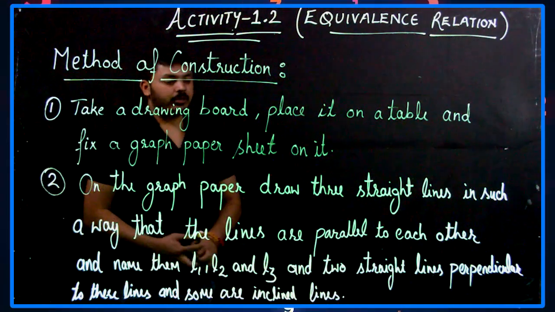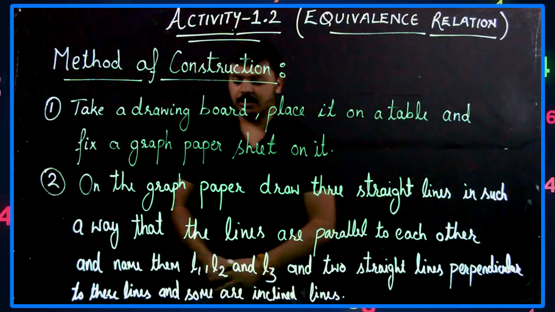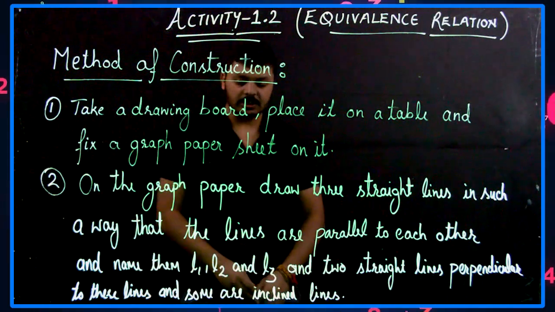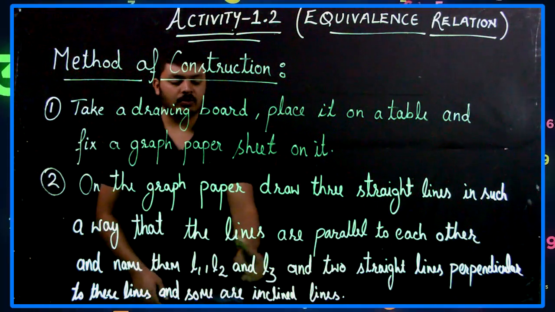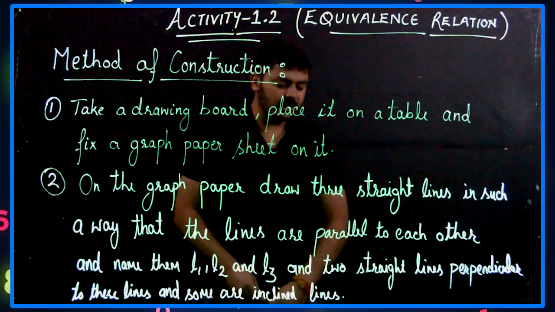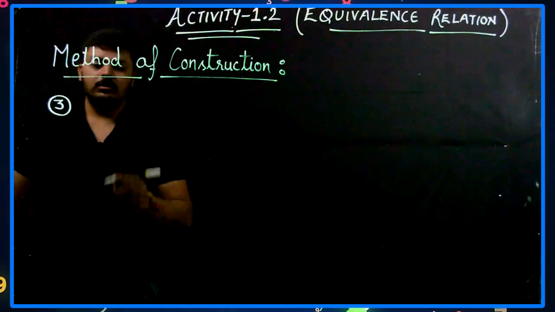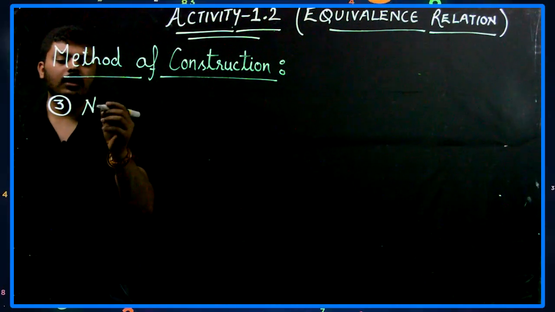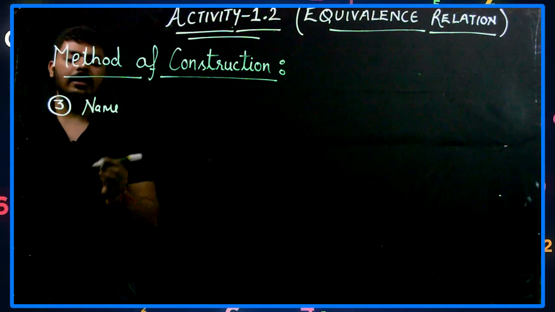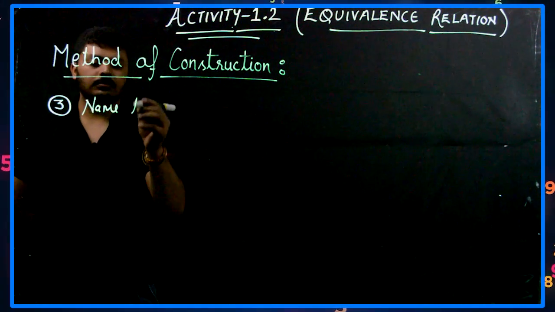So on the graph paper, draw 3 straight lines in such a way that the lines are parallel to each other and name them L1, L2 and L3, and 2 straight lines perpendicular to these lines and some inclined lines. Step 3: name the perpendicular lines as M1 and M2.